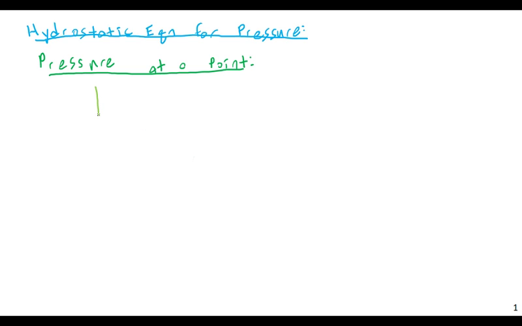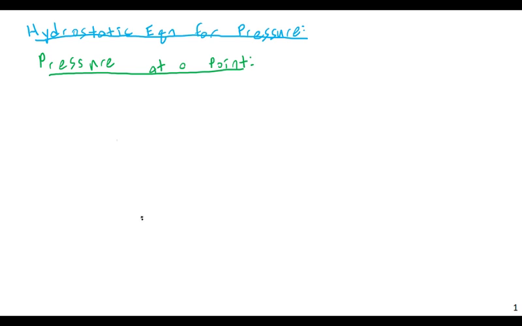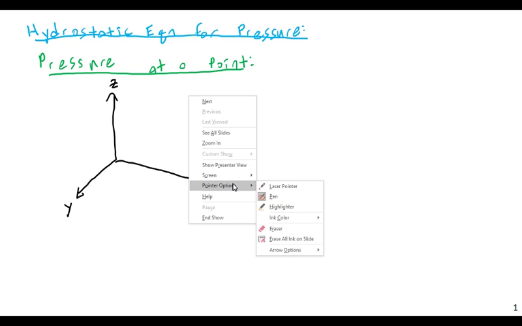I'm going to draw an X, Y, and Z axis here, with a Z like this, a Y like this, and an X axis like here. So I'm going to draw a little element inside a fluid body.